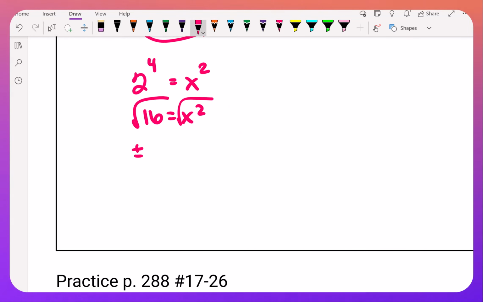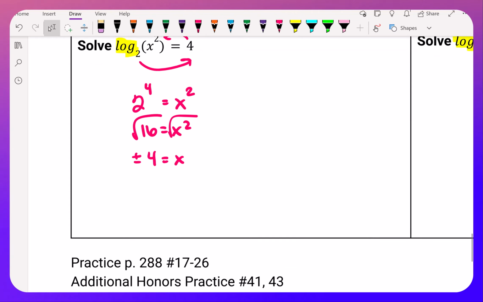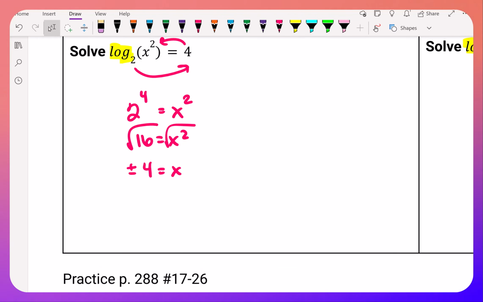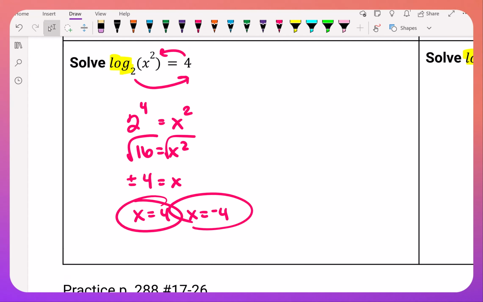You are supposed to have a positive and negative when you do this, but you're going to kick out the negative because when you plug the negative back in here, actually no. You're going to wind up with 2 different answers. So you have x equals positive 4 and x equals negative 4. Because when you plug in a negative 4, it's squared. So negative 4 squared is a positive number.